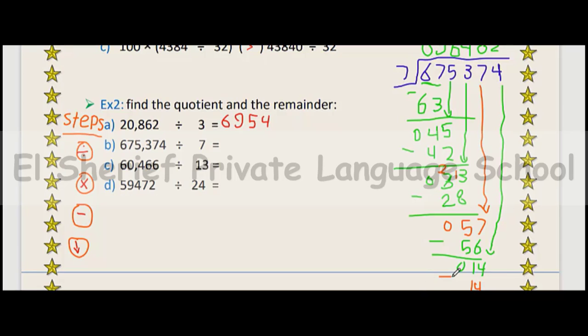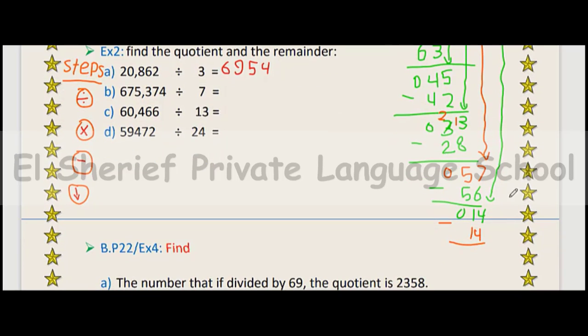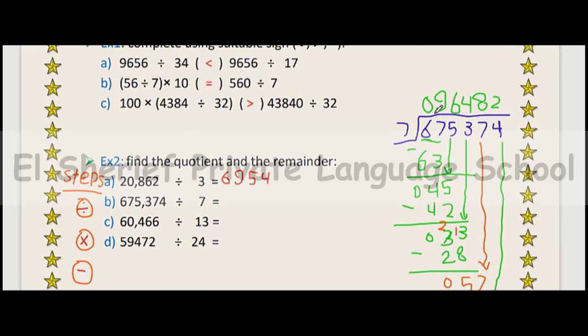Then we will subtract them. 4 minus 4 equal 0, and 1 minus 1 equal 0. So what is the number, or the quotient? 96,482.